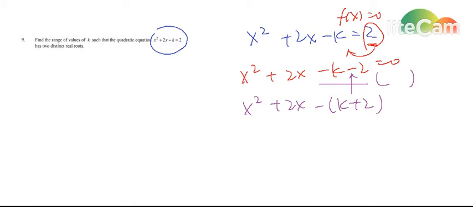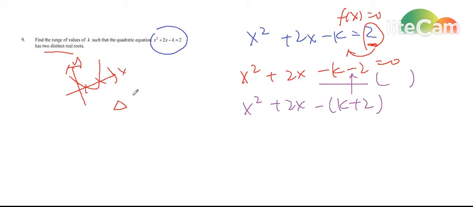And for the second key, we know that the quadratic equation has two distinct real roots. It means there are two. So we know that the delta is used to identify the number of the real roots.